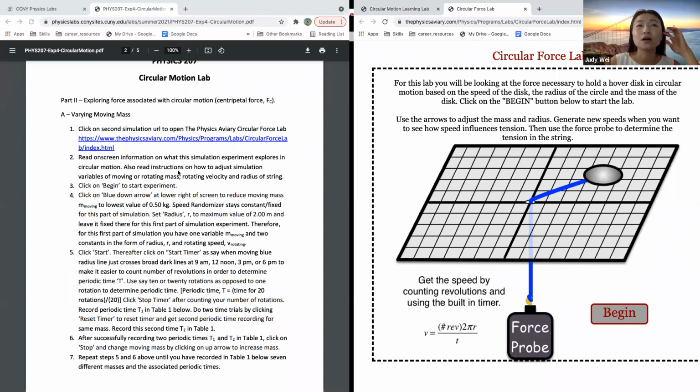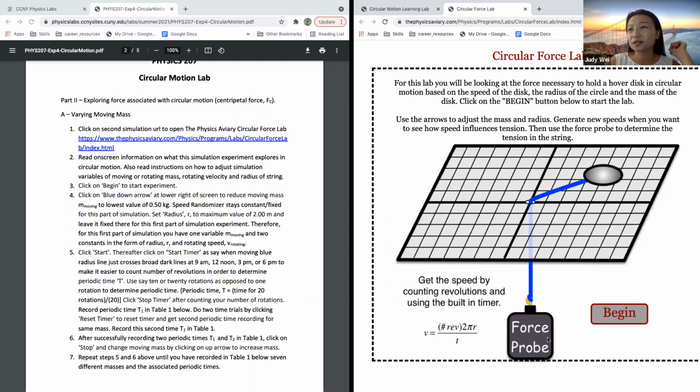We read the instructions on how to adjust the simulation variables of moving or rotating mass, rotating velocity, and the radius. For this lab, we will look at the force necessary to hold the hover disk in a circular motion based on the speed of the disk, the radius of the circle, and the mass of the disk. Click on the Begin button to start the lab.